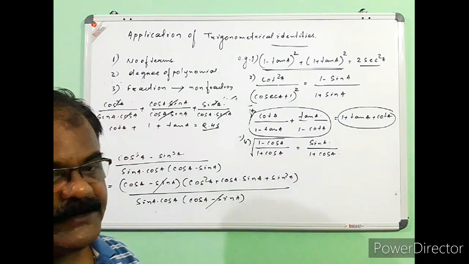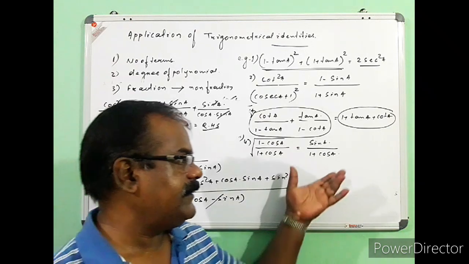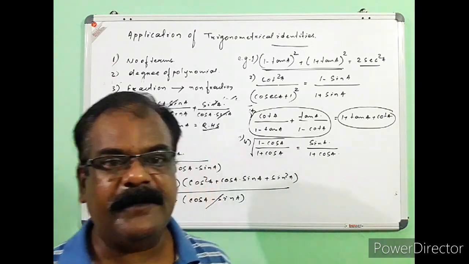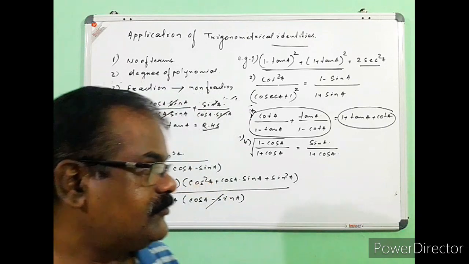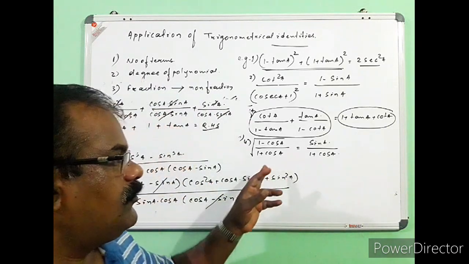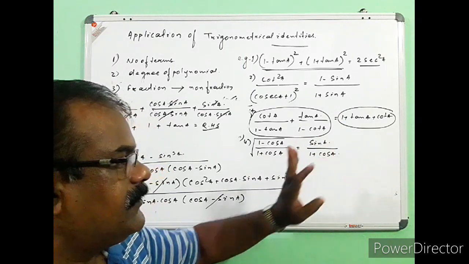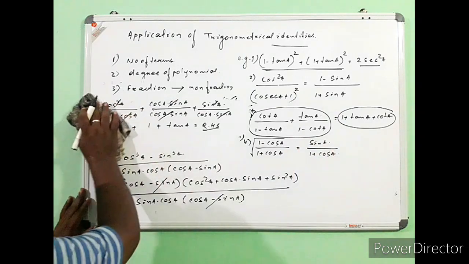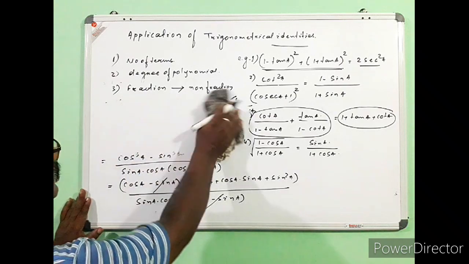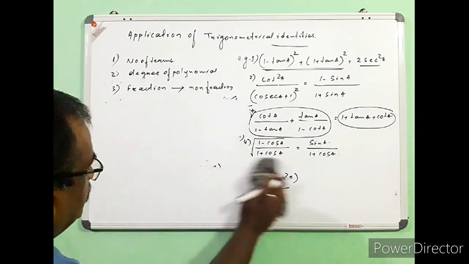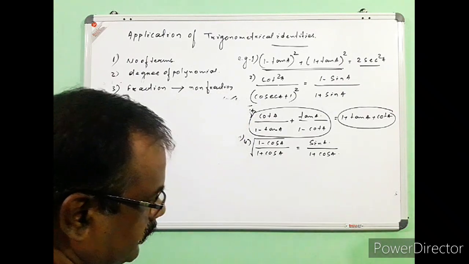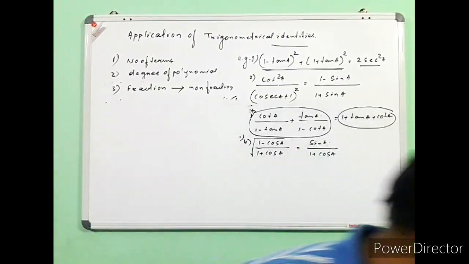As you know already, if any question is given in the irrational form, that has to be rationalized. So it is more important that we go from the irrational form and, by making rationalization, get the other side. That is why the fourth important thing we have to see is whether the terms are in irrational form or rational form.